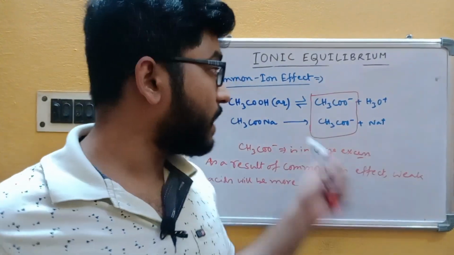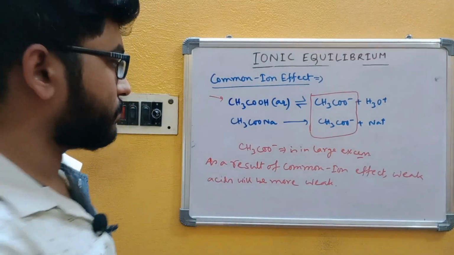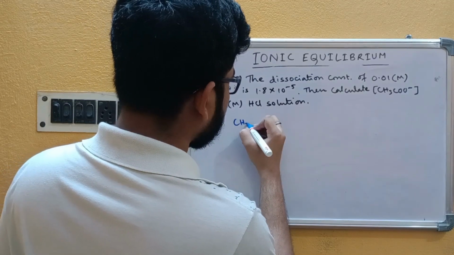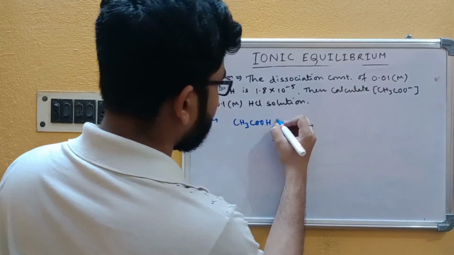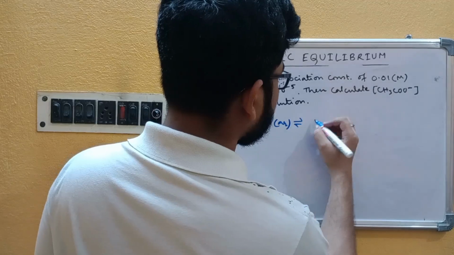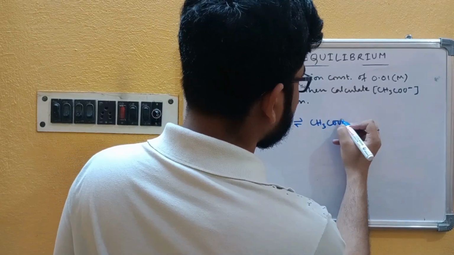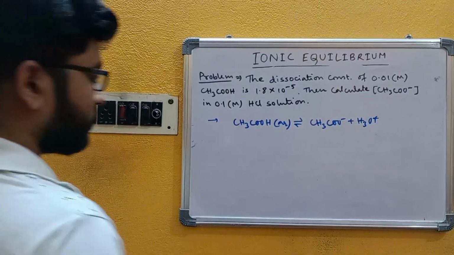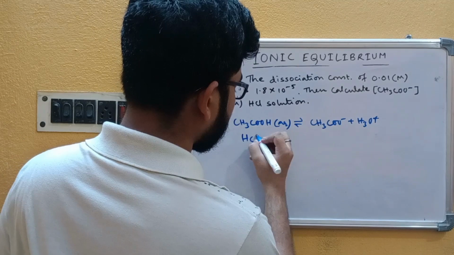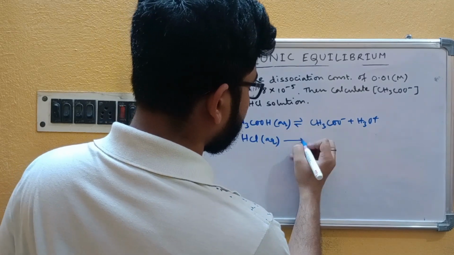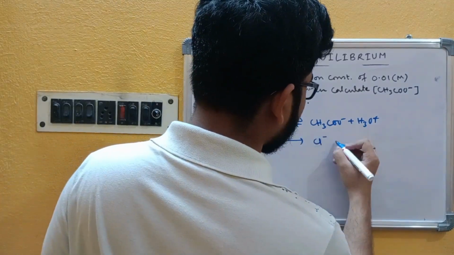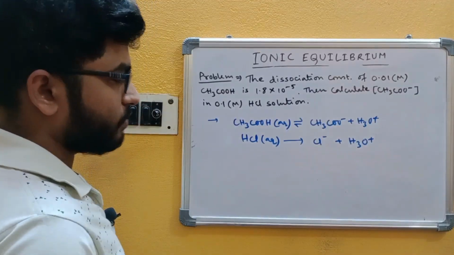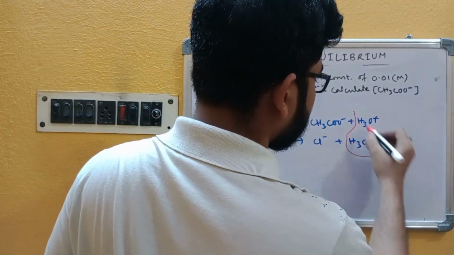Now we solve a problem regarding common ion effect. So here we see that CH3COOH in aqueous solution dissociates as follows: CH3COO- plus H3O+. And in this acetic acid solution, HCl solution is added. HCl, being a strong electrolyte, dissociates completely to H3O+. See that this is the common ion.